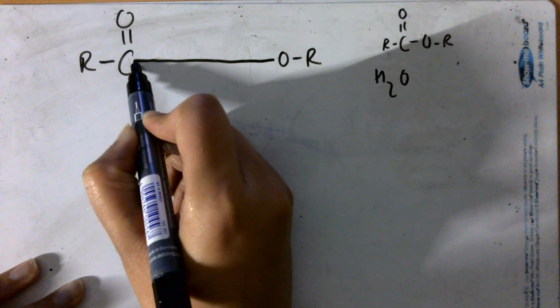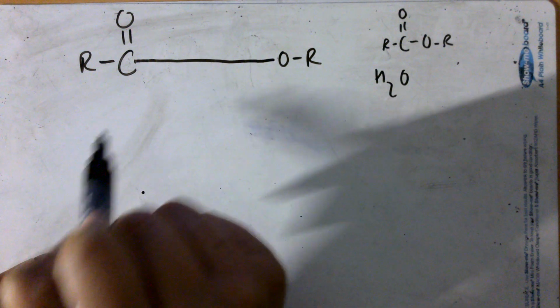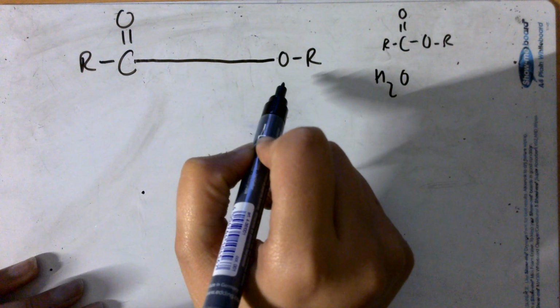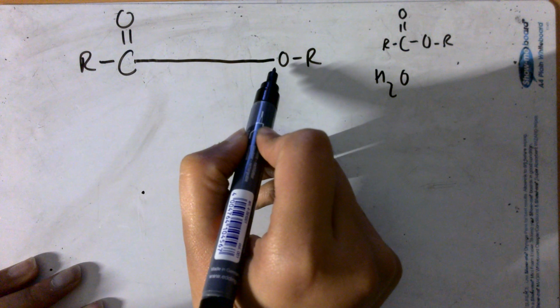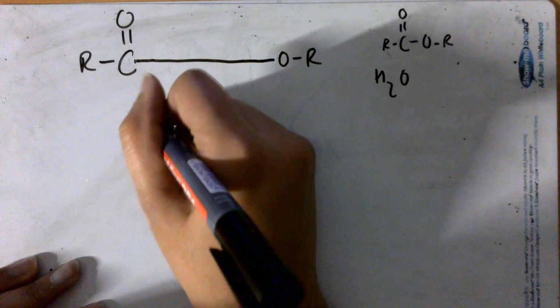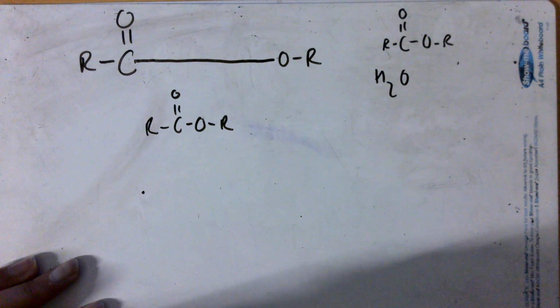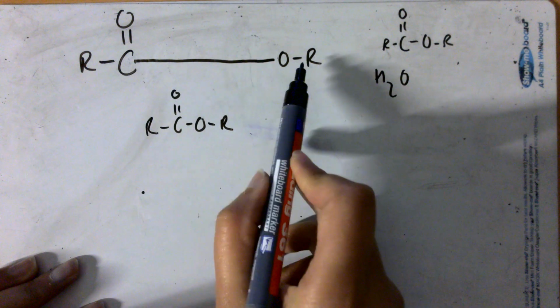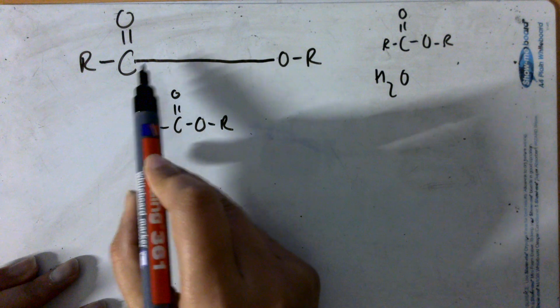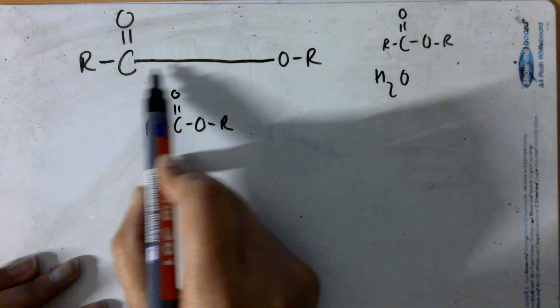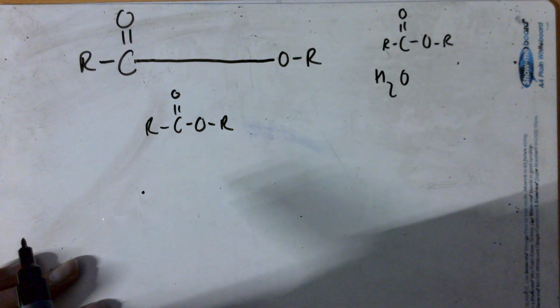The carbon and the oxygen from the neighbouring molecules end up forming a bond between them. Of course, when we draw it out, we don't draw it out like that. We draw it a lot closer together. But for the purposes of now, and just illustrating to you how that works, we lose the OH from the carboxylic acid and hydrogen from the alcohol, and then we form a bond between the 2 atoms.